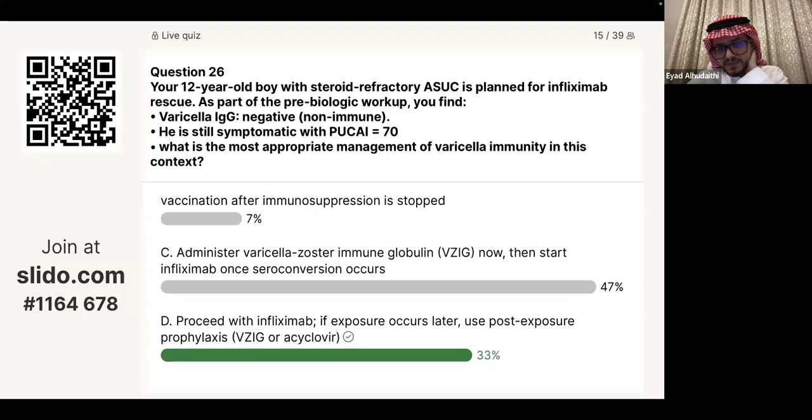Because we are stuck, we have to start it. And once we give the varicella vaccine, we have to wait for more than 1 month, some say 6 weeks, after the live vaccine to start the biologic.